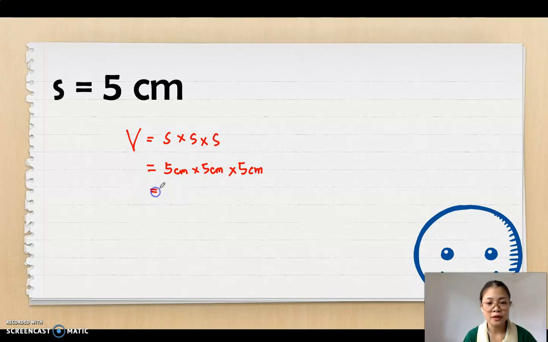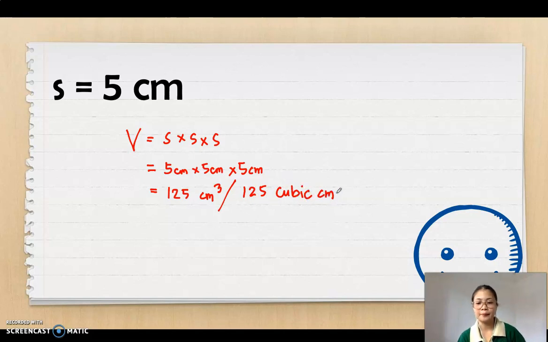So when you multiply 5 times 5 is 25, times 5 is 125, and then as the last part, you need to state the complete answer. So 125 cubic centimeters, since we are multiplying 3 sides. Or you can also write it as 125 cm cubed. So it's just the same.